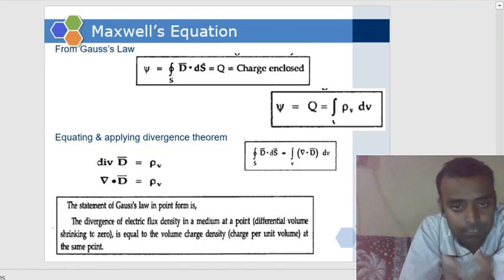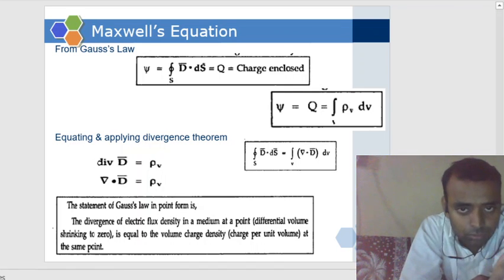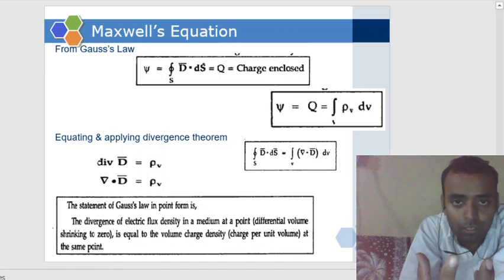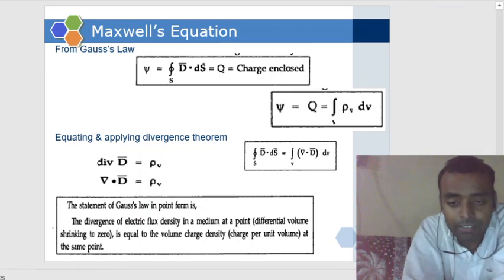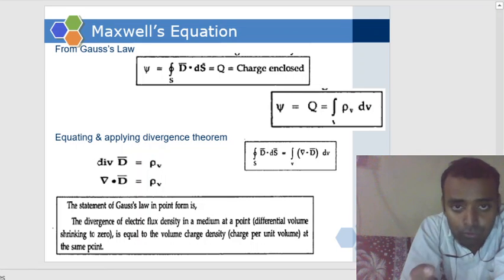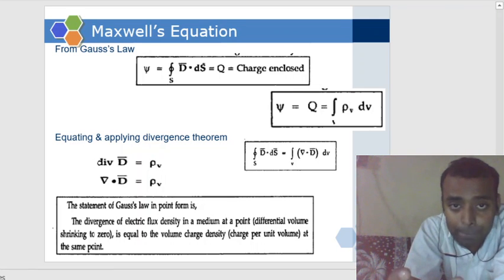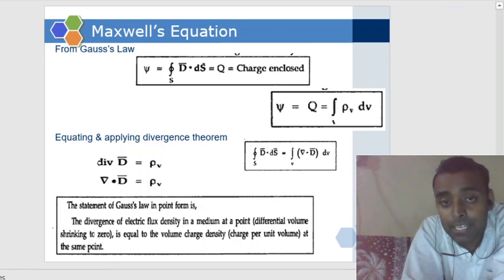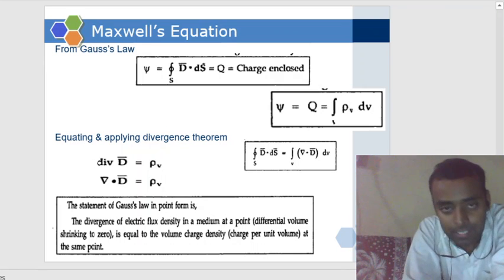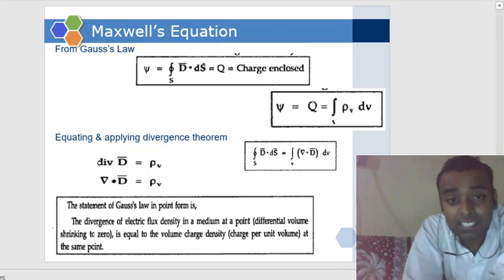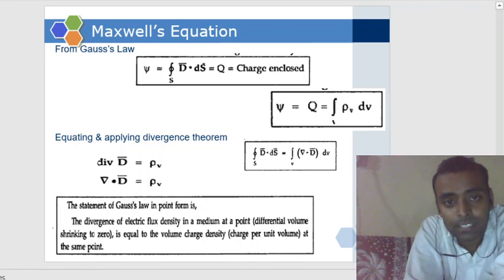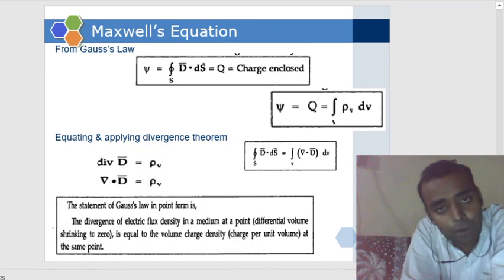So on a summary note, what we have seen: the Gauss law, the total flux coming out from a closed surface is equal to the charge enclosed by that surface, its mathematical form, its proof, and how to determine D, flux density, and electric field intensity. Then the application part, applications of Gauss law.